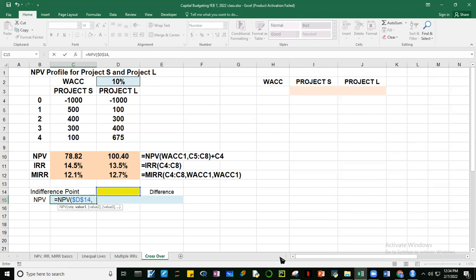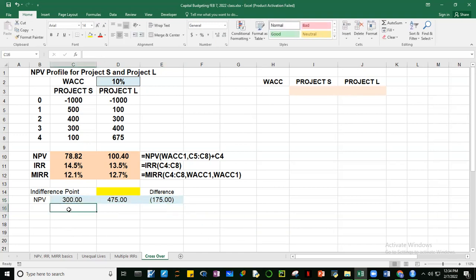So that's the rate, and then the values are, sabi natin, yung first year, okay, and then plus the year 0. So this is the NPV for project S. Control Enter. And then we can copy this there. Okay, and then we get the difference is equal to NPV ni S minus NPV ni L.